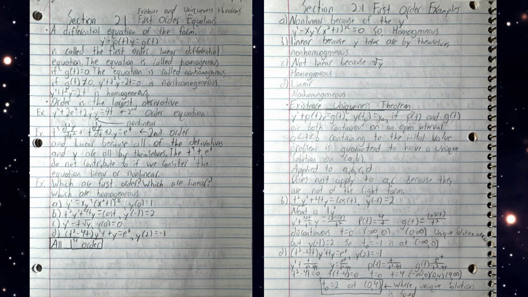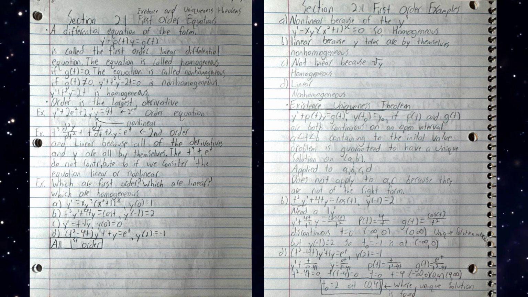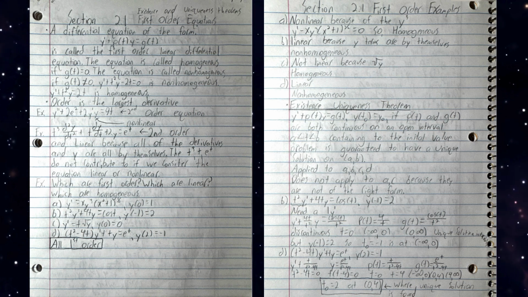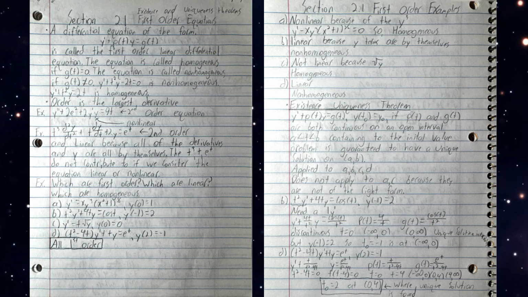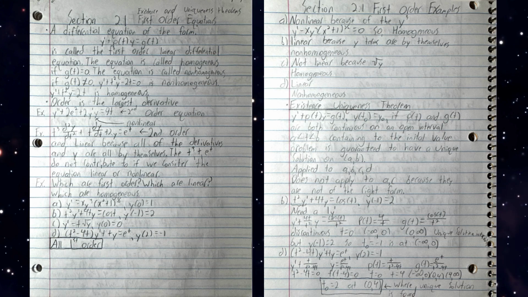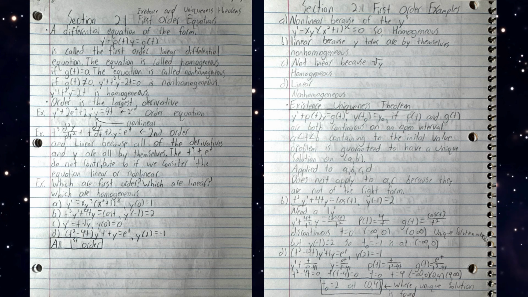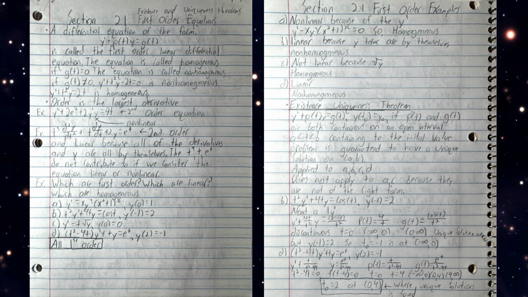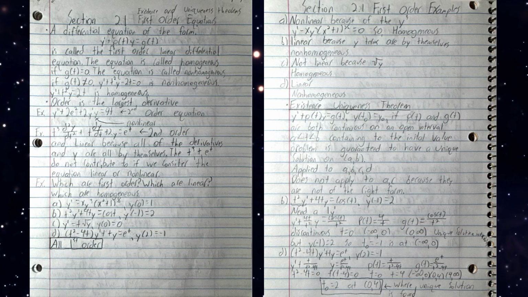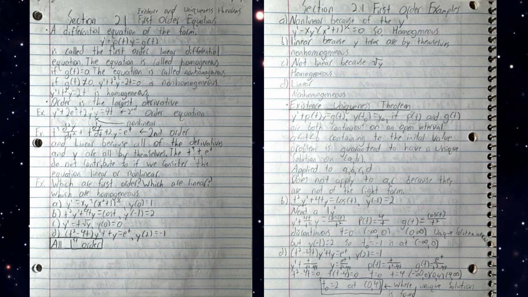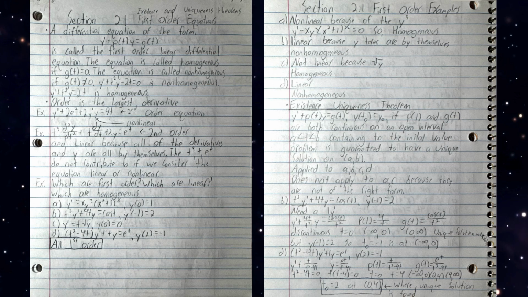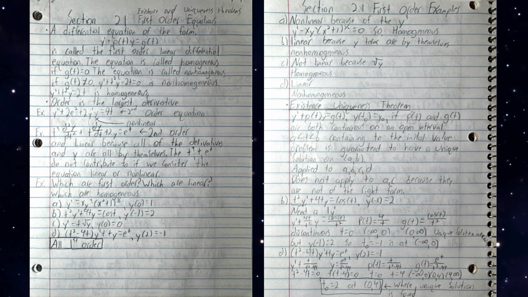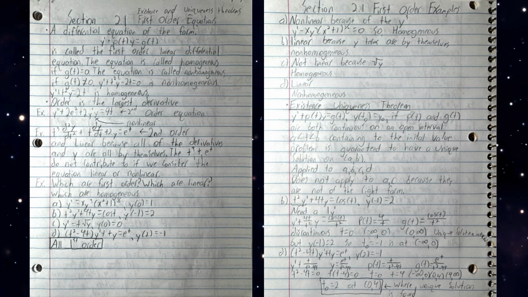And if we move everything to one side, we would get y prime minus xy cubed times x squared plus 1 to the 1/2 equals 0, which if you remember, means it's homogeneous. So if a problem can be written with the variables on one side equal to 0, that means it will be homogeneous.